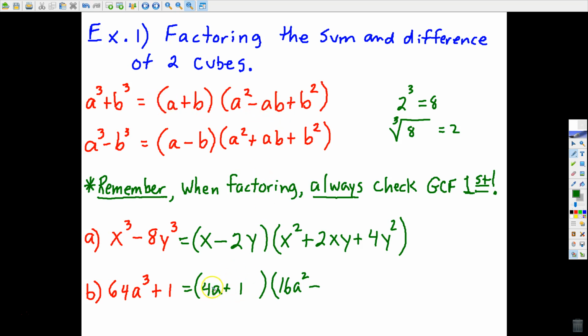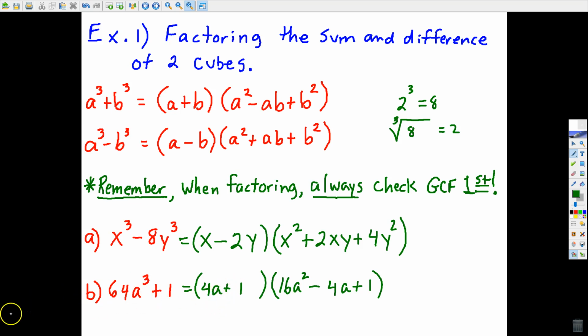Now I'm going to multiply these together. 4a times 1 is 4a. And follow that with a plus sign. And now I'm going to square this last term. 1 squared is 1. And that is the factoring of this sum of two perfect cubes.